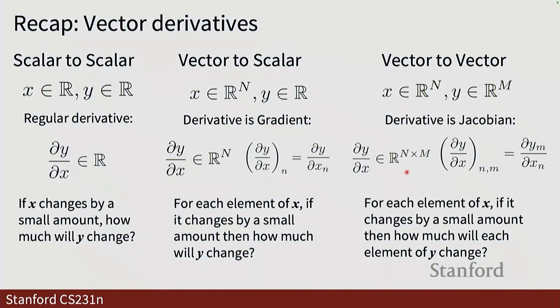And there, for each of the elements in x, if it changes by a small amount, then this derivative tells us how much each element of y will be changed. Again, look at the subscripts here. They're not the same. They could be different for every single element in this Jacobian. There is a clear meaning.